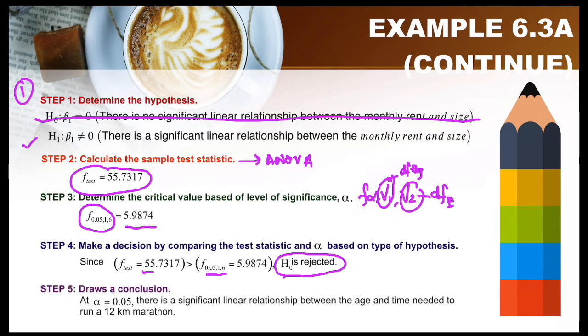At alpha 0.05, there is a significant linear relationship between monthly rent and the size. Okay, so there exists a significant linear relationship between monthly rent and size.